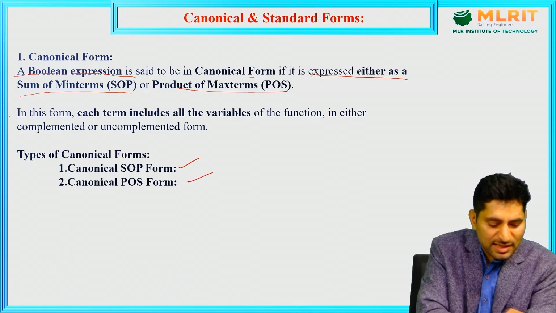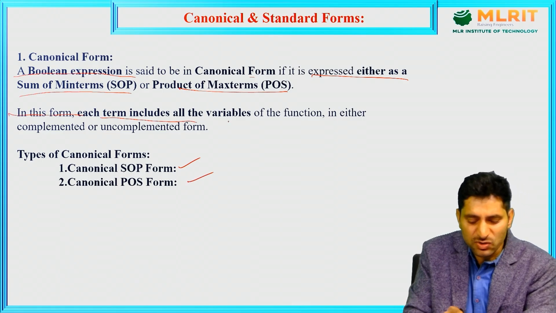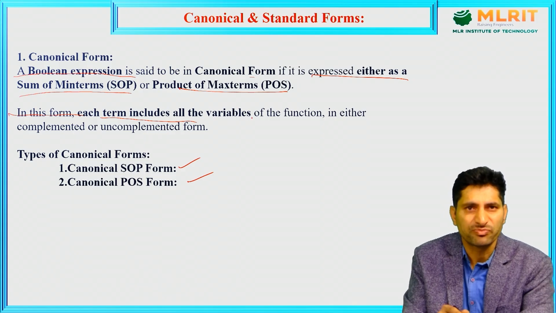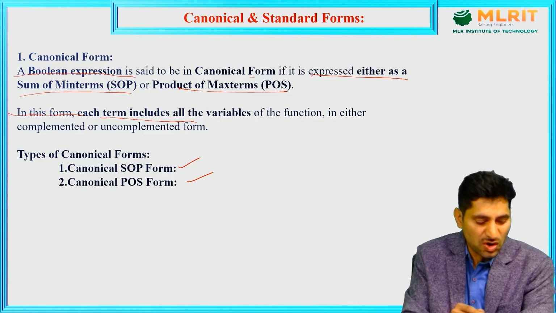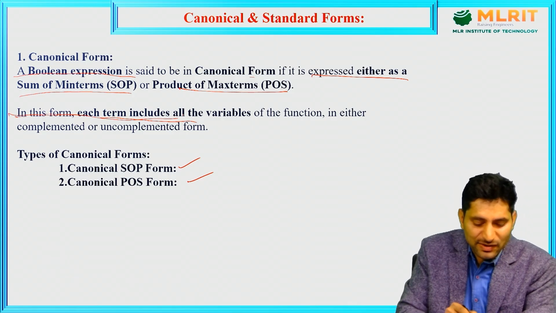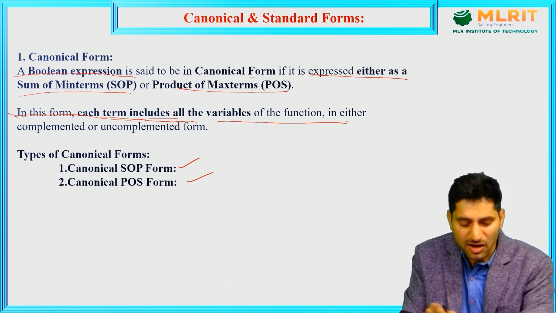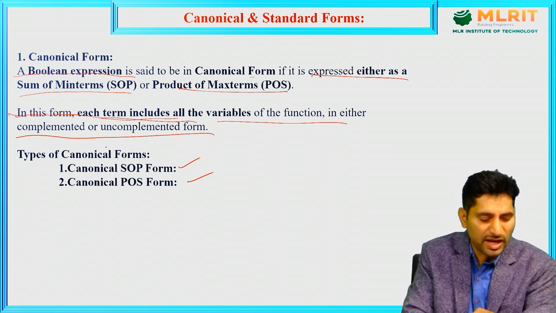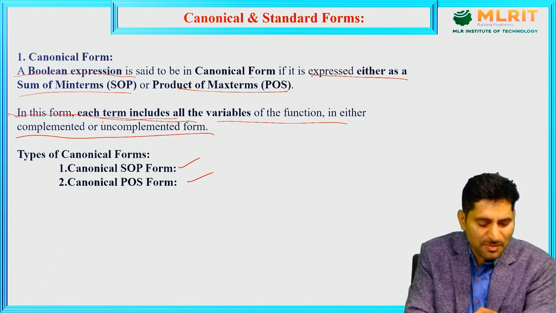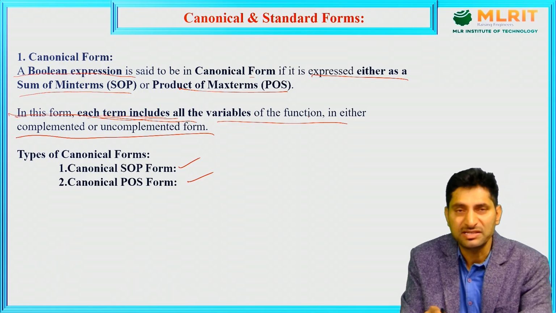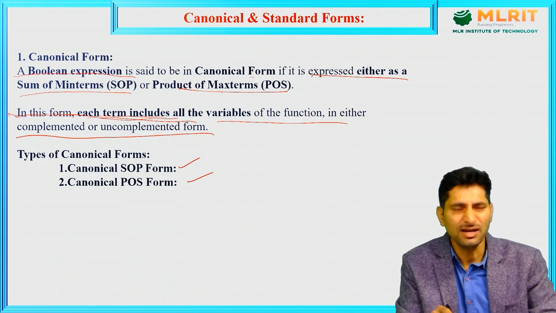In this form, each term includes all the variables in its true form or complemented form. This is not a minimized form. In canonical SOP or POS form, whatever input variables are there, all must be present. Each term includes all the variables of the function either in its true form or complemented form.